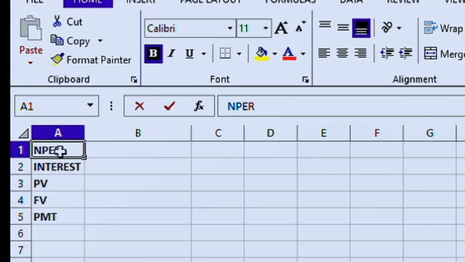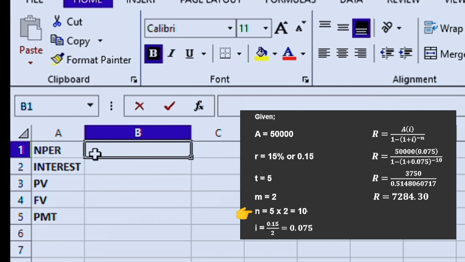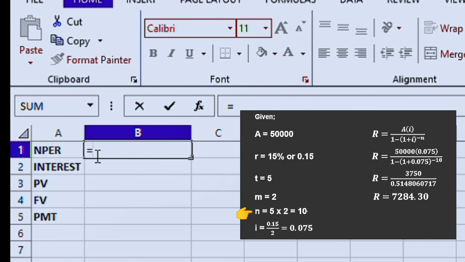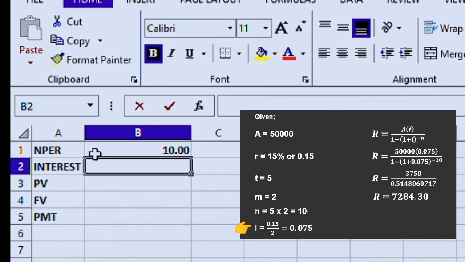Before we create an amortization schedule in Excel, let's check first if our answer is correct. We have N per, or the number of periods, the interest, the PV or present value, the FV or future value, and the PMT or regular payment. Our number of periods here is 10. Put an equal sign first, then 10, then enter. Our interest rate is 0.075 based on the given.